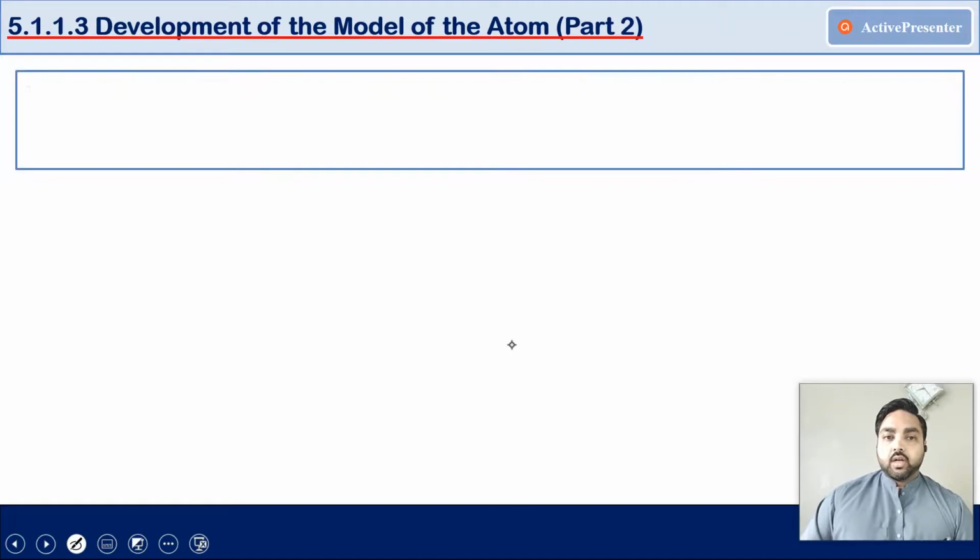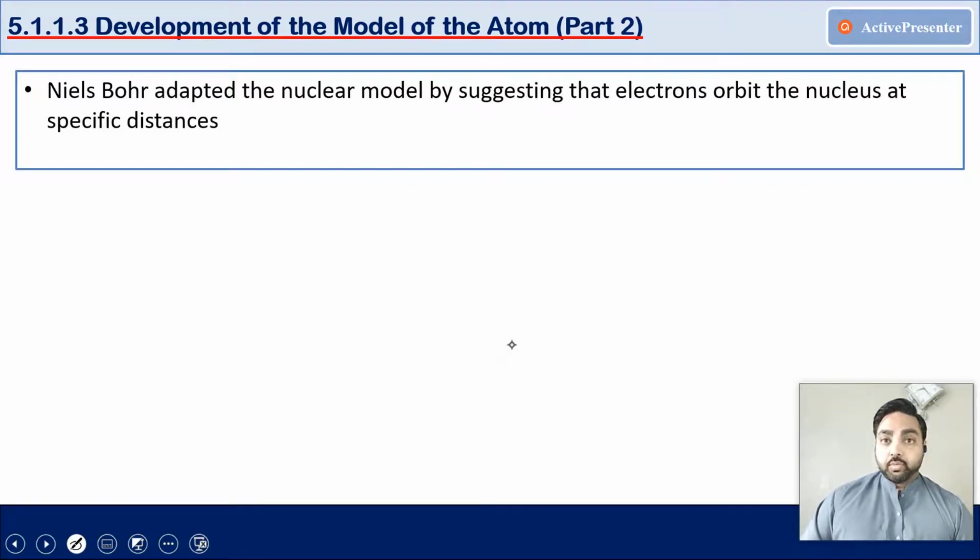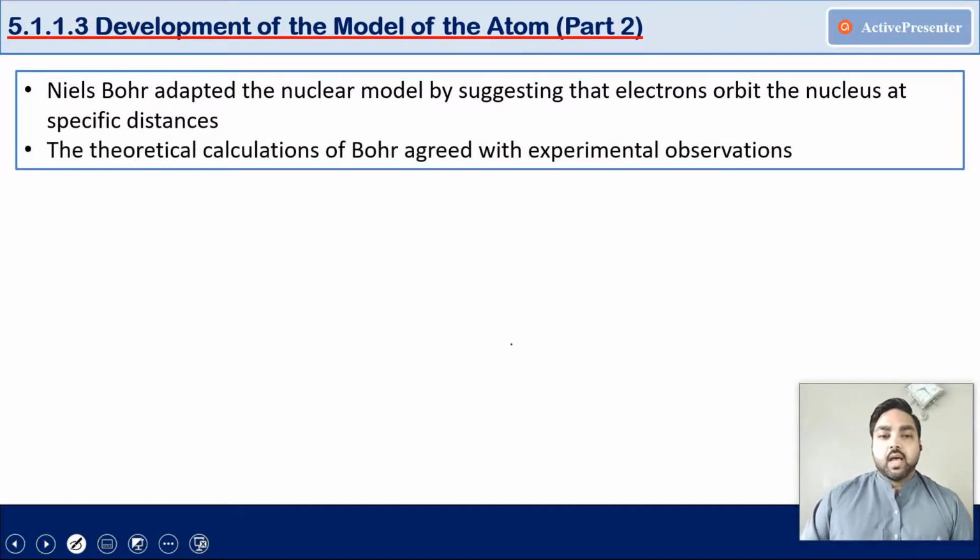Then along came Niels Bohr, and Niels Bohr suggested that electrons, when they are orbiting an atom, have specific energies, and we can measure this currently. You see this all the time with neon signs. They give out specific electromagnetic wavelengths when they de-excite and drop down to an energy level.